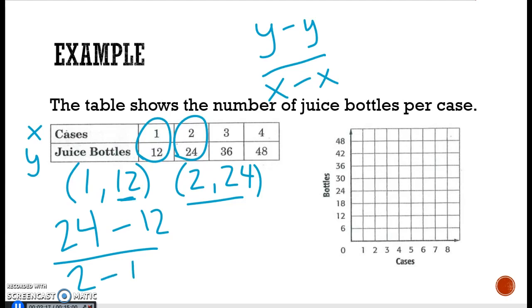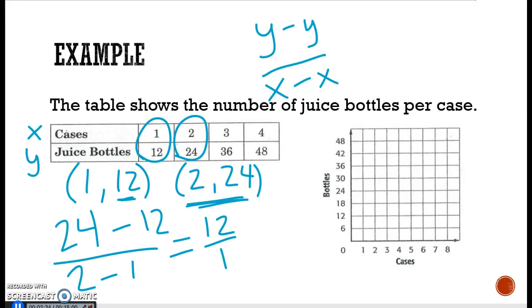Notice how the 24 and the 2 are first, and that comes from the same ordered pair. Subtract the numerators: 24 minus 12 is 12, and subtract the denominators: 2 minus 1 is 1.